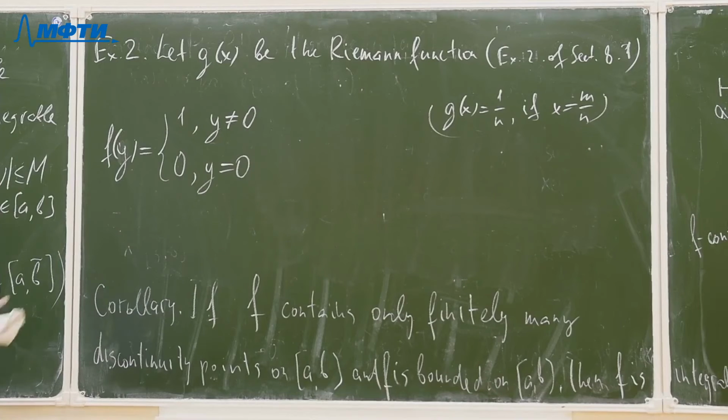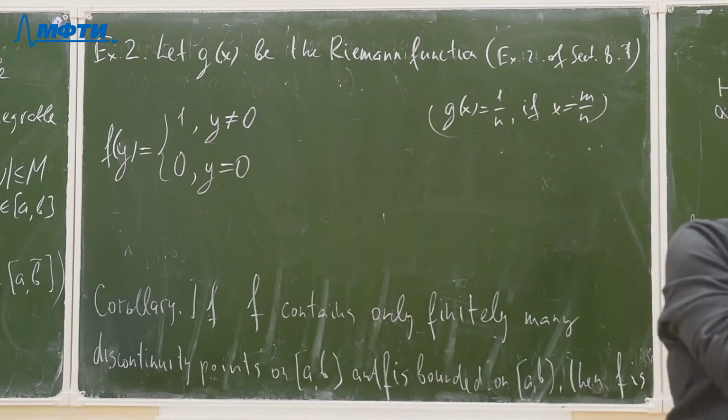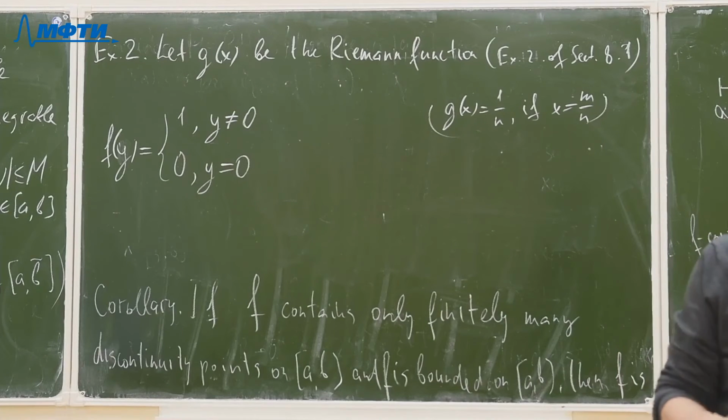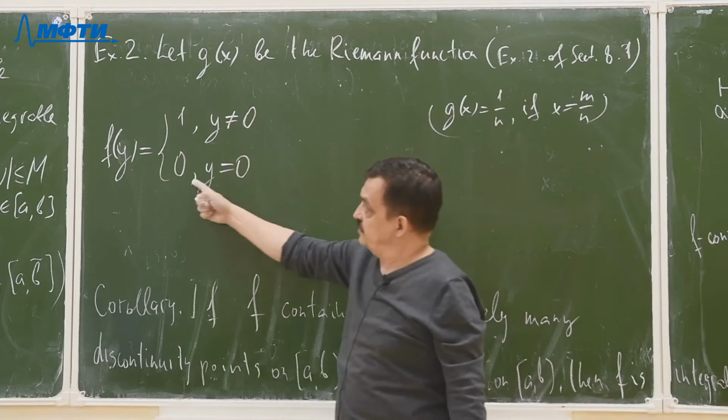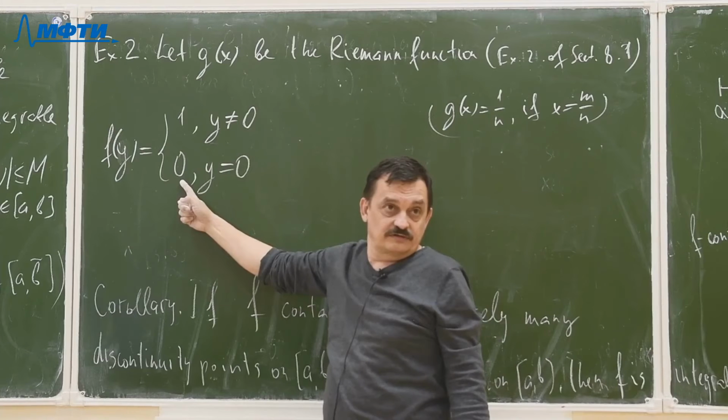So, look at the function f. It is continuous everywhere except for one point, the point 0, right?